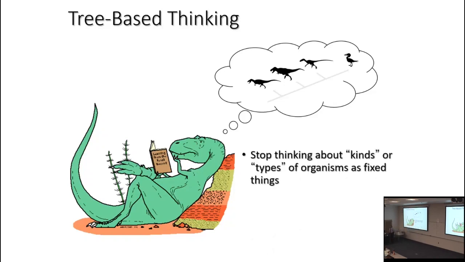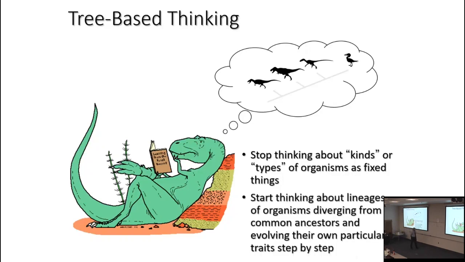Tree-based thinking is so-called because we stop thinking about kinds of organisms or types of organisms as if they were fixed things. And instead, start thinking about what the real pattern of evolution is, which is lineages of organisms, ancestors and descendants, diverging from common ancestors and evolving their own particular traits, step by step.